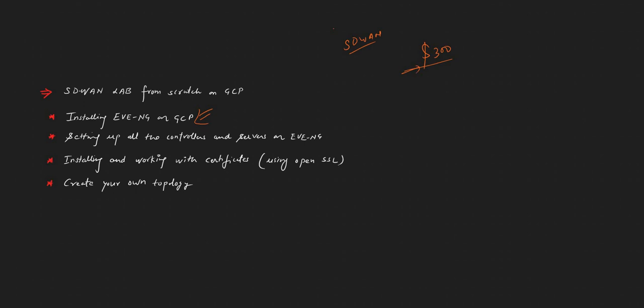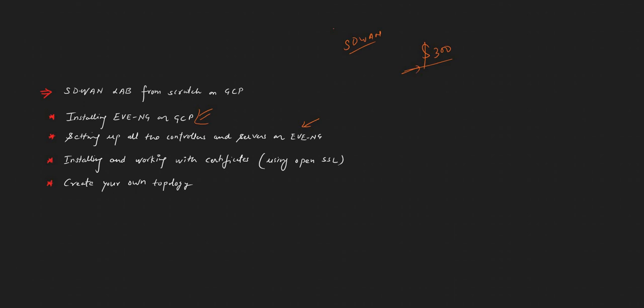Once our machine is up and running, we are going to copy our images, or install the different controllers in EVNG. And I'm going to give you a step-by-step process of creating your own controllers in EVNG.